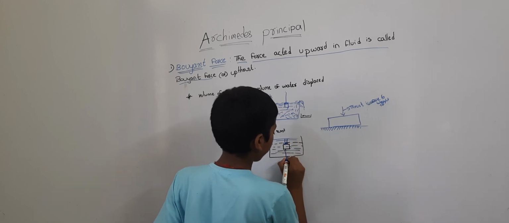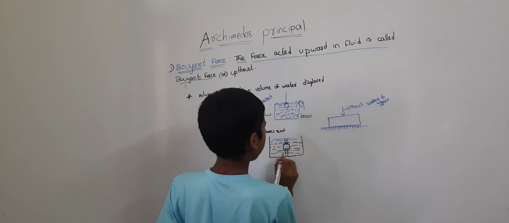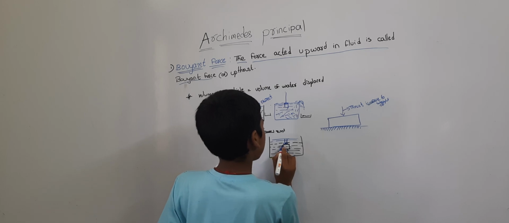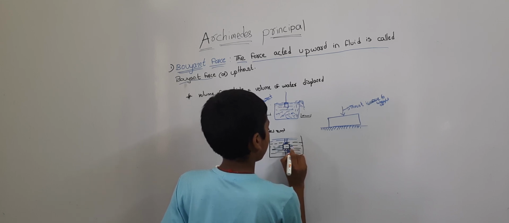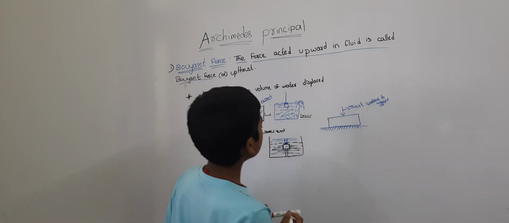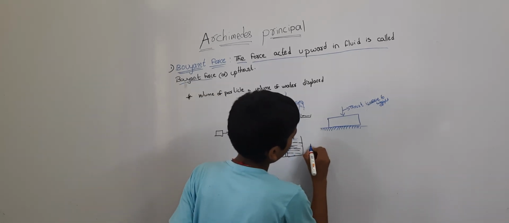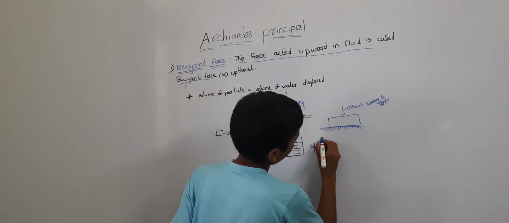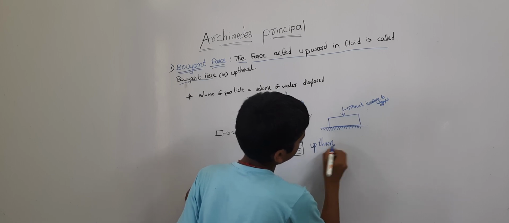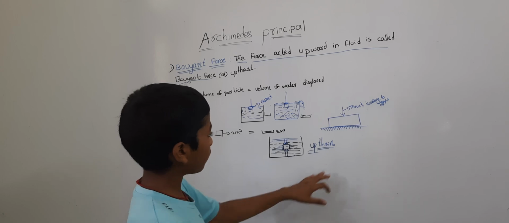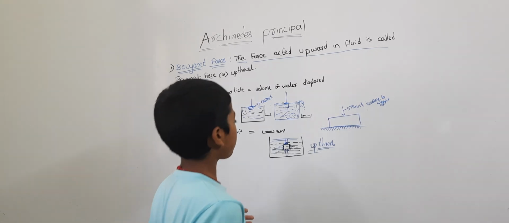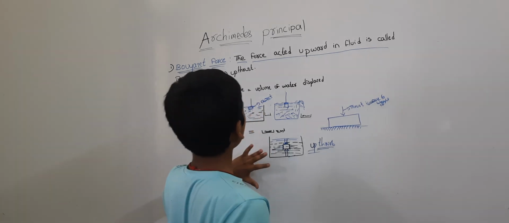Downward pressure, upward pressure from the bottom of the container, sideways pressure, and the pressure increases as depth increases. This is the diagram of upthrust, the main diagrammatic representation of the pressure, and this is a very important diagram.